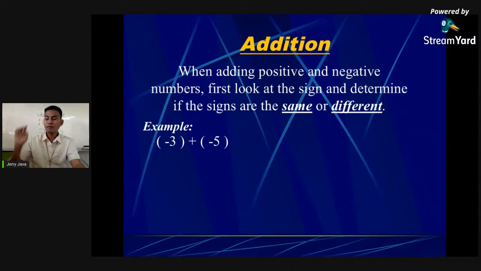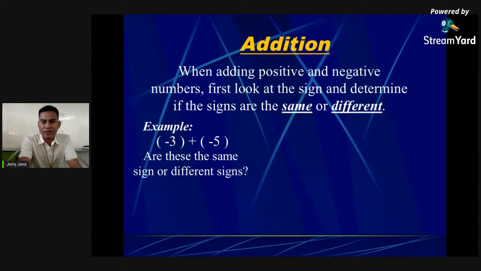Okay, example, negative 3 plus negative 5. What's the sign? Are they like signs or unlike signs? Negative and negative. Are these the same sign or different signs?